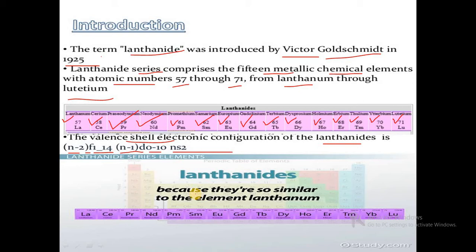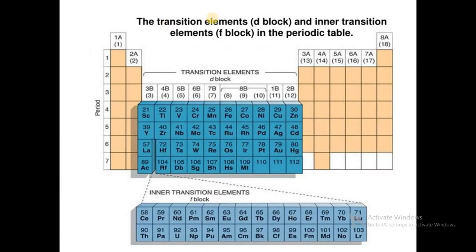The lanthanide series elements are called lanthanides because they are so similar to the element lanthanum. All are having similar properties, so these 15 elements are collectively called lanthanides. Now the transition elements and inner transition elements in the periodic table: the d block is called transition elements and the inner transition elements are called the f block, that is the 4f lanthanide series and the 5f actinide series.